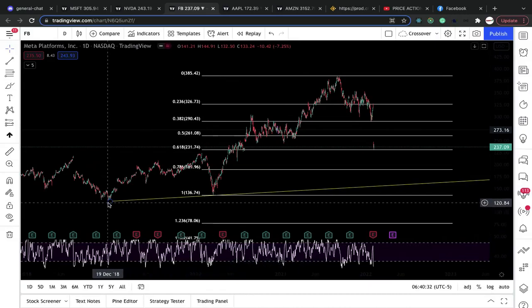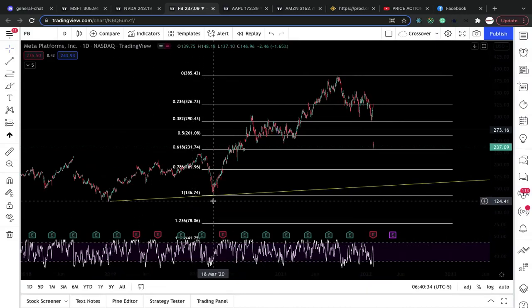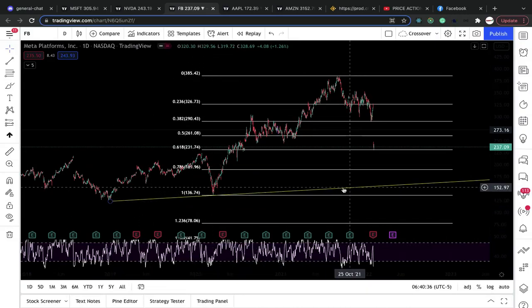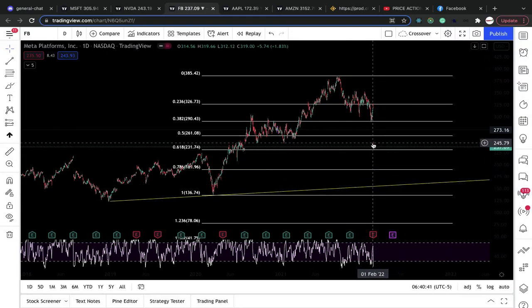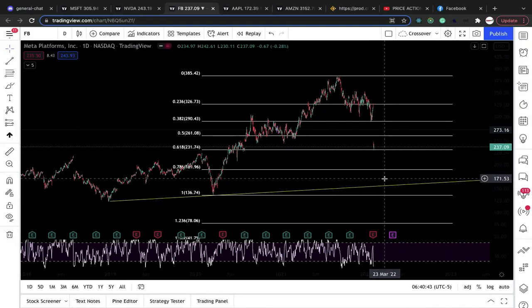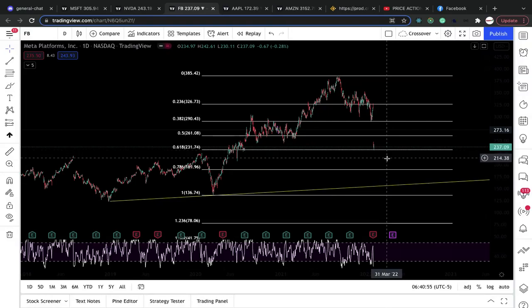Now that support level started in December 2018, connects to the March 2020 low, and we have not gotten a third touch. So will this be the time we get the third touch? Well, we'll see. But as of right now, that 231.74 level needs to hold and is very critical. So above that level, I am bullish. Below that level, I will switch my sentiment to bearish. Okay, guys, that's what I got on FB.